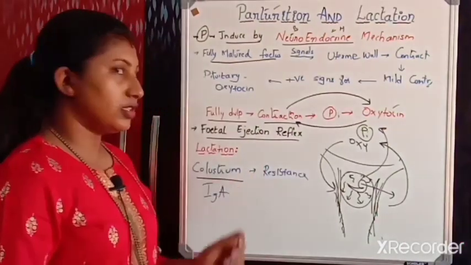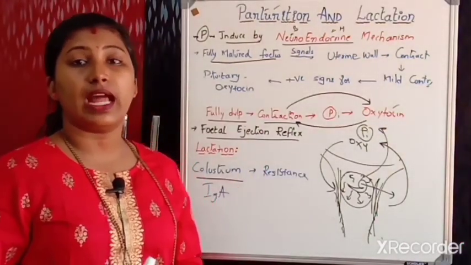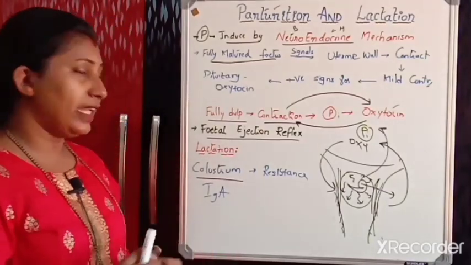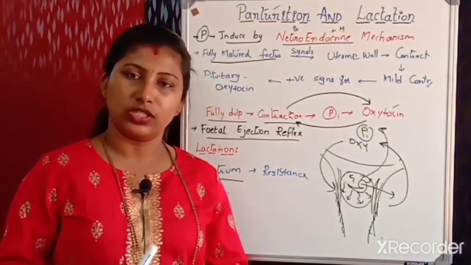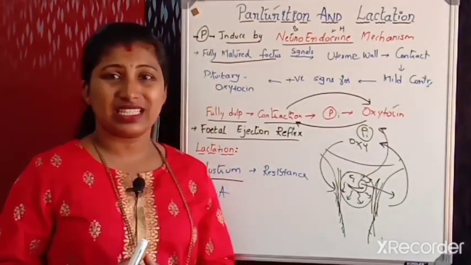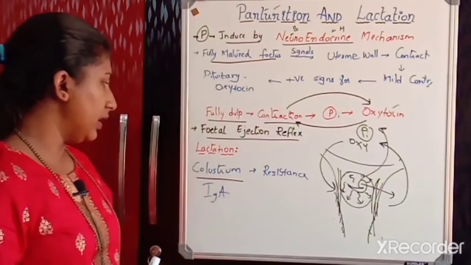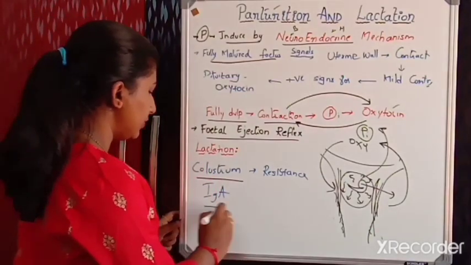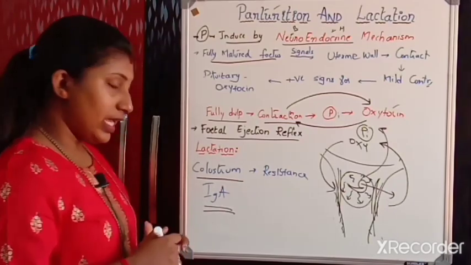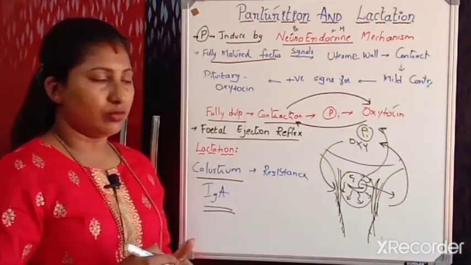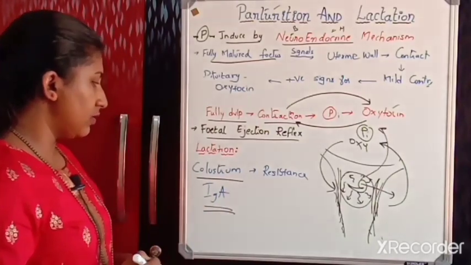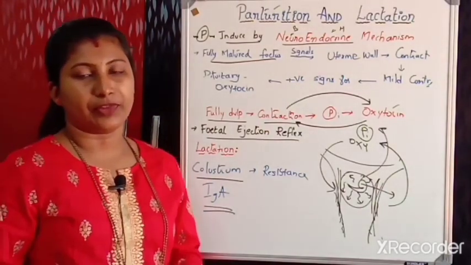Colostrum consists of several antibodies, which are very essential for the baby to fight against antigens, against foreign bodies, and which help in resistance for a newborn baby. Clear? The main antibody present in colostrum is IgA. There are different antibodies or immunoglobulins, and the antibody present in colostrum is called IgA.